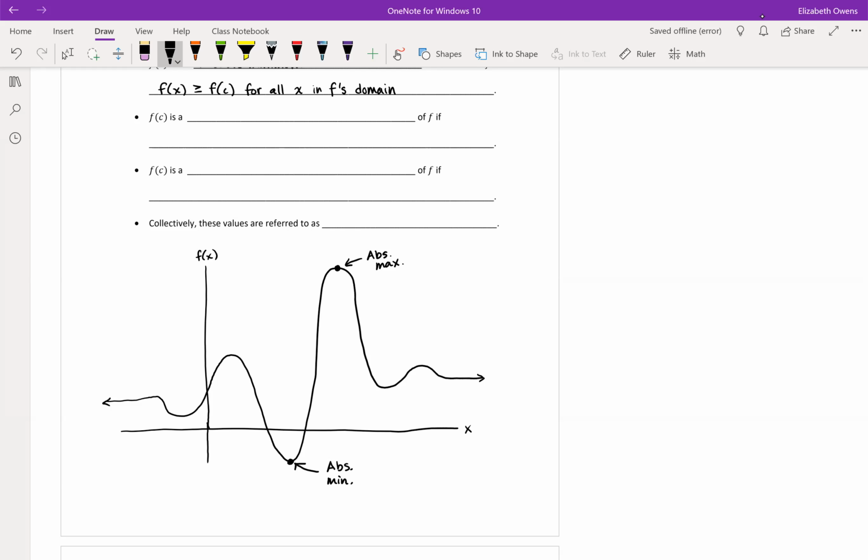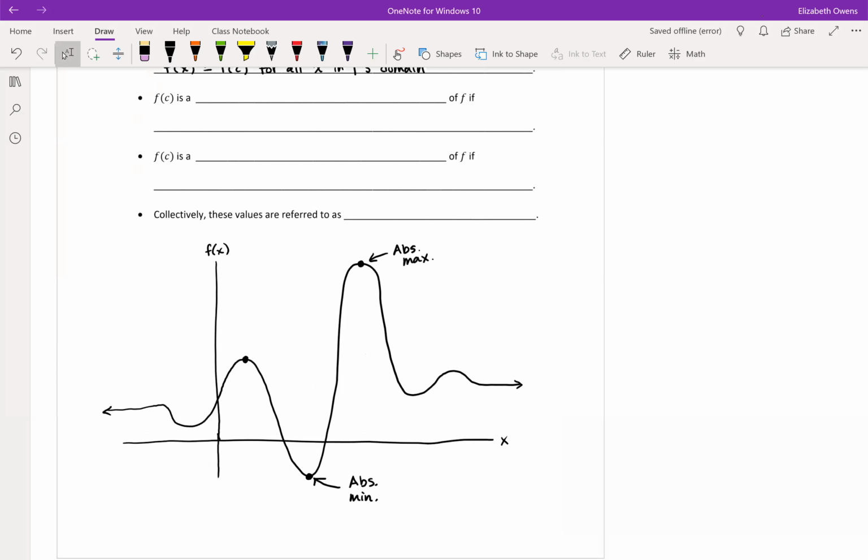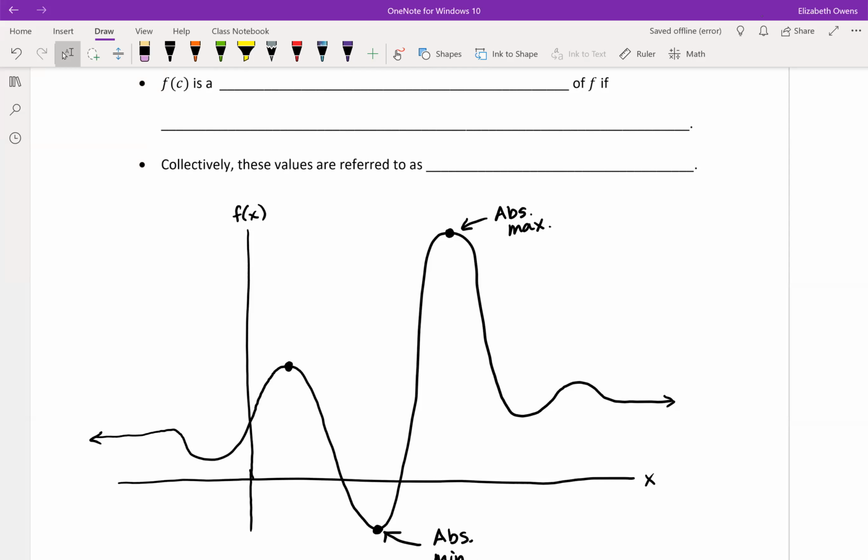But you might notice that there are some other high and low values going on here. Like this y value right here, kind of at the top of that hill, so to say. That is not the absolute largest value on the graph.